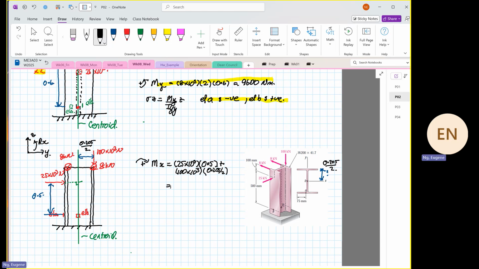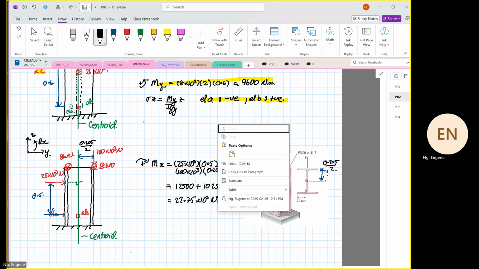So this will come out to be 25 times 10 to the power 3 times 0.5, 12500, plus 100 times 10 to the power 3 times 0.205 divided by 2, 10250. So this is equal to 12500 plus 10250 is equal to 22750. So it's 22.75 times 10 to the power 3 Newton meter.